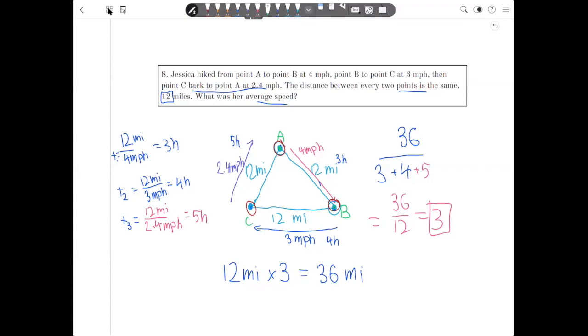And then again, we just sum up 3, 4, and 5 hours. And the 36 miles, which is 12 times 3, is going to be equal to 3 miles per hour. So any questions on this problem?